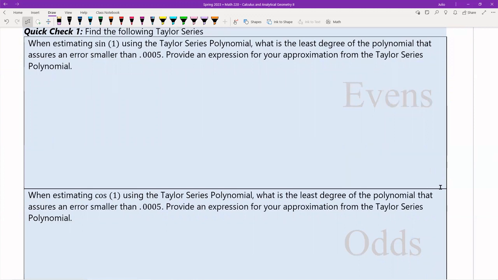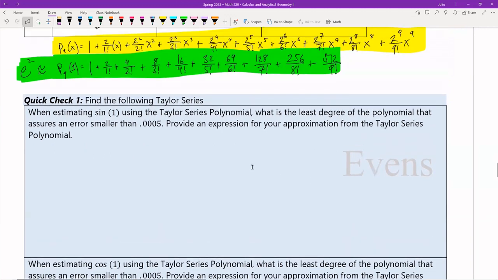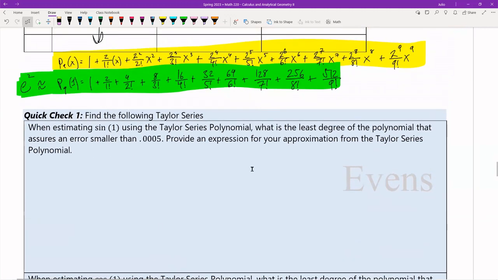Give me the least degree polynomial that assures me an error less than half of a 10,000th. Do the same table, do the same process, and then provide me the approximation itself, like I did here, using the Taylor series expansion.